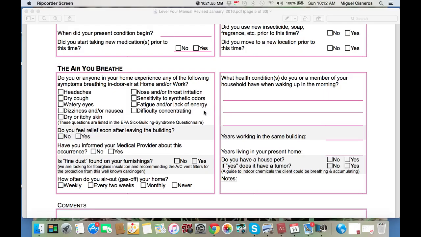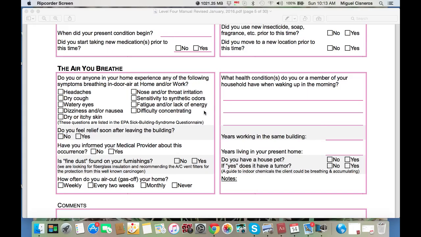Never is a concentration of chemicals, and guarantee that folks in that environment sooner or later will have insomnia, will have cough, will have headaches, things connected with indoor air, like the conditions mentioned above. Next question: what health condition do you or a member of your household have when waking up in the morning?